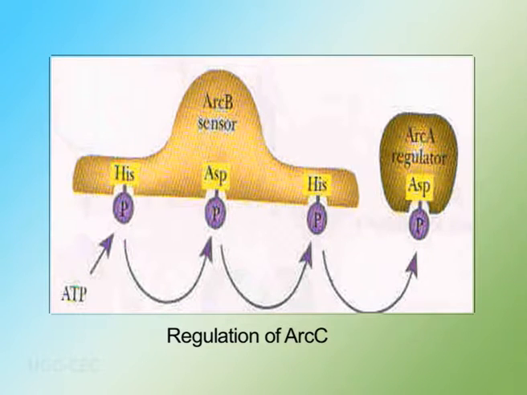In a typical phosphorelay system like ArcAB, the phosphate passes from histidine to aspartate, and in the ArcAB system the first 3 sites are on the ArcB protein and the fourth one is on the ArcA protein. First the phosphate is bound to the histidine, followed by its transfer to the aspartate, then it is again transferred to the next histidine, followed by its final transfer onto the aspartate residue present in the ArcA regulator.